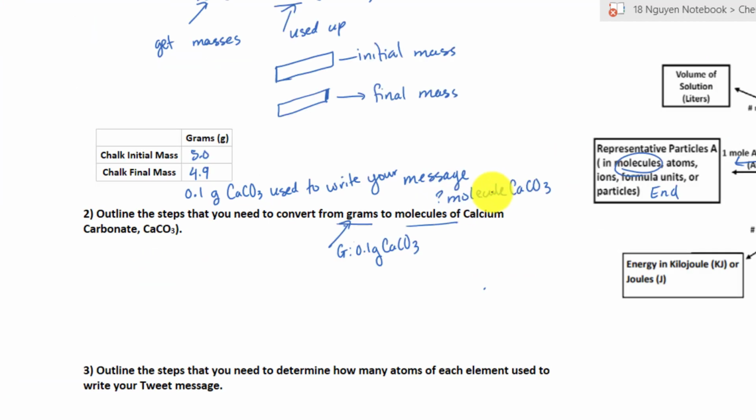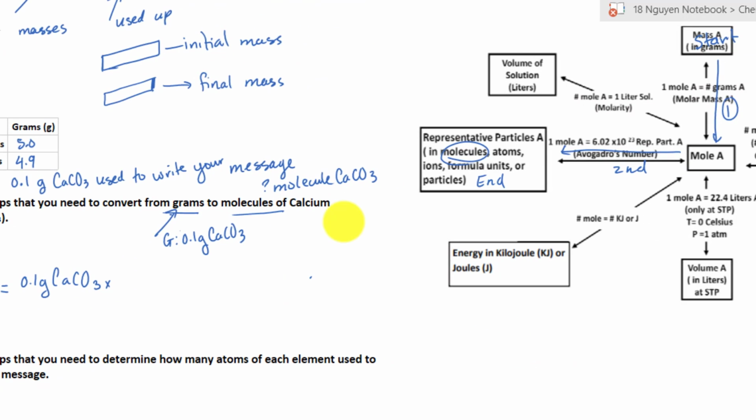And of course, we're going to write down what we are looking for. We're looking for molecules of calcium carbonate equal to, starting with our given as always, in this case, how many grams of calcium carbonate did we use? 0.1 grams of calcium carbonate, times our very first conversion factor, which is 1 mole of A equal to the number of grams of A, and times the next conversion factor, which is 1 mole of A equal to 6.02 times 10 to the 23 molecules of A. And we all know what A is.